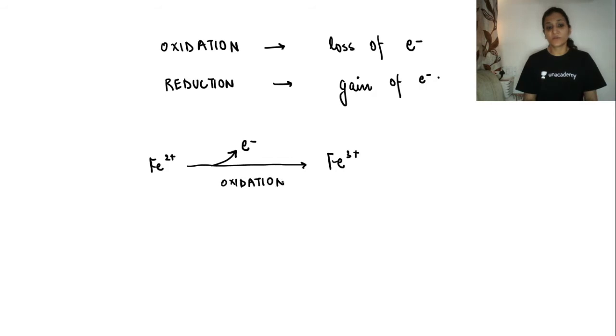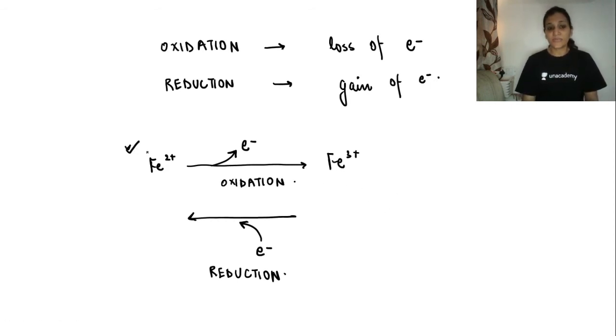So the process is oxidation. And vice versa, if it is gaining 1 electron and the ferric form is getting converted into the ferrous form, this process is called reduction, and the iron is now called reduced. So reduced and oxidized are the terms that you should know.